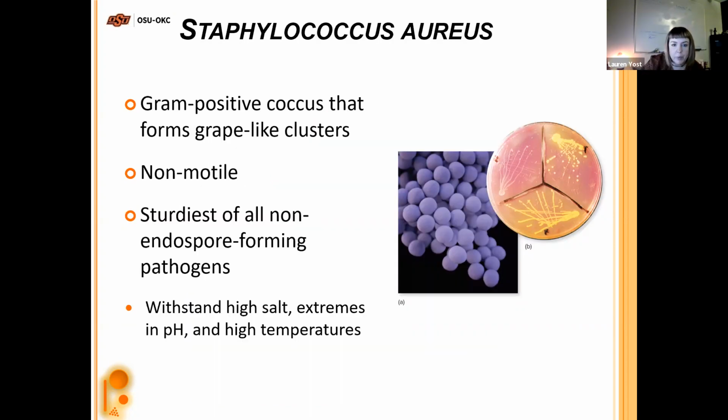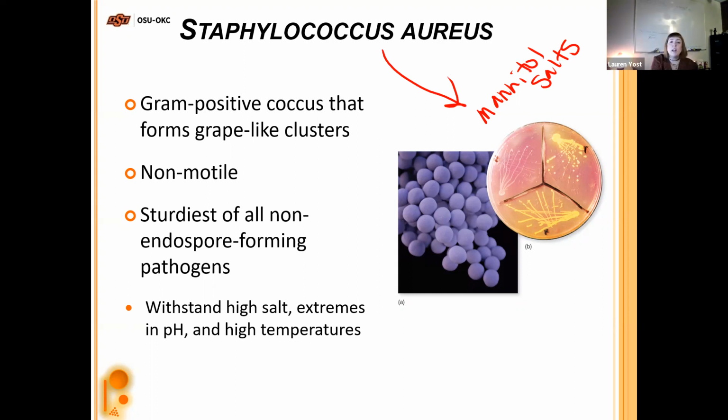Okay. So that was the picture before. If you guys don't remember, this is that mannitol salts agar. If you don't remember why this is important with regards to Staphylococcus aureus, maybe go back and look in your lab manuals and reread that and refresh your memory, because this is something that carries through not only from this chapter, but continuing through into the laboratory work.